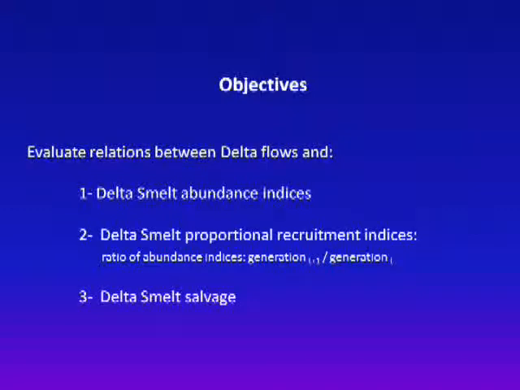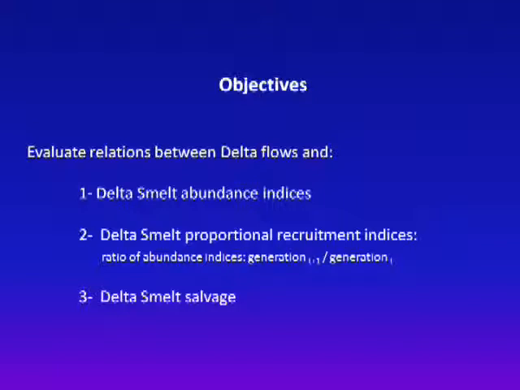So the objectives that I have for the presentation are to evaluate the relations between Delta Smelt abundance indices. What is the Delta Smelt proportional recruitment index versus these flows? So this is just based on the available indices computed by the Interagency Ecological Program. The index is a cumulative number of individuals assigned over different areas.